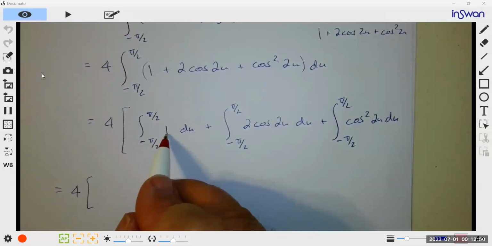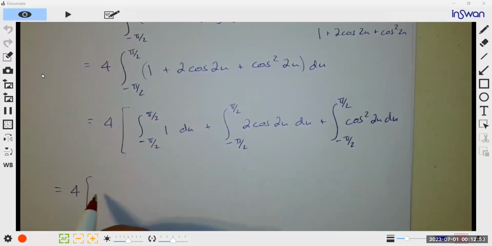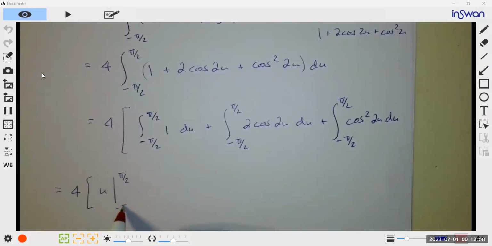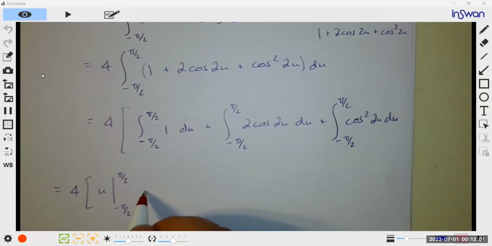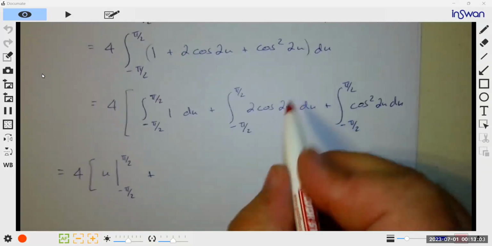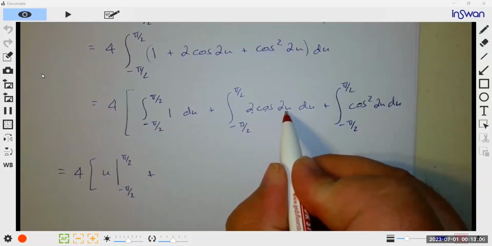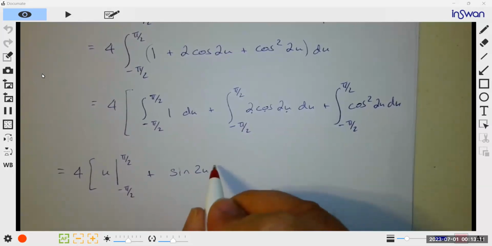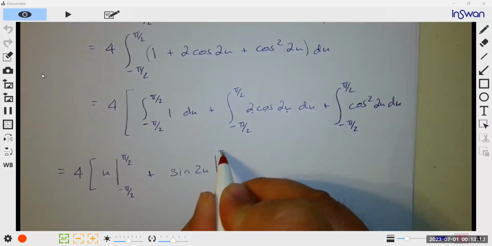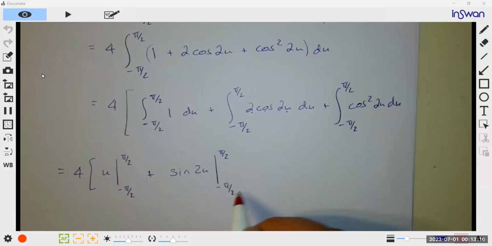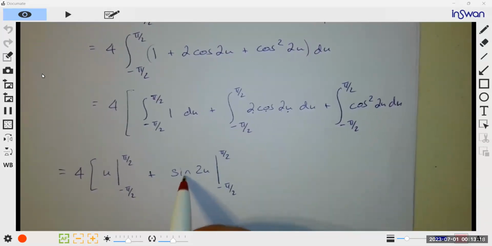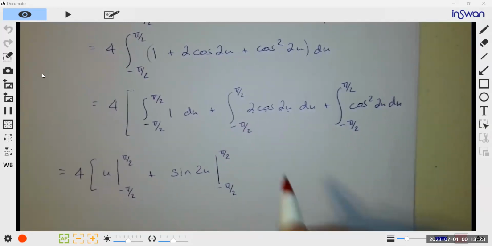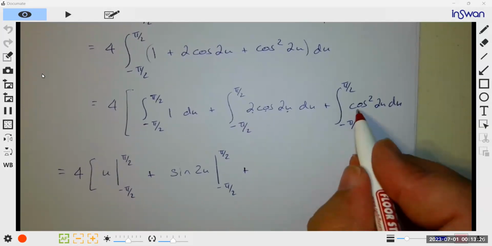So the integral of 1 du is u from pi over 2 to negative pi over 2. 2 cosine 2u, the integral of that would be sine 2u, because the derivative of sine is cosine, derivative of 2u is 2. So that's perfect there. Now, the only one that's going to give us any troubles is this last one.